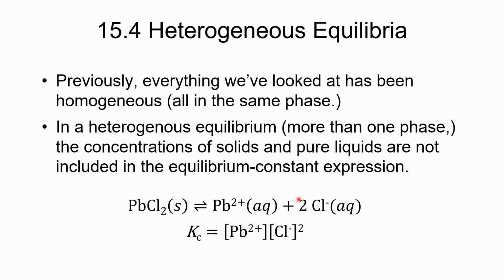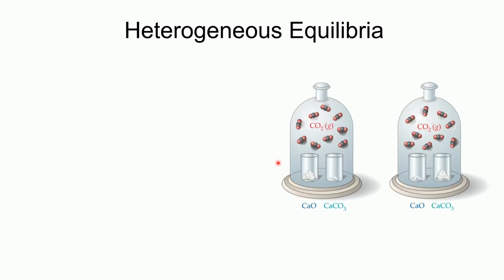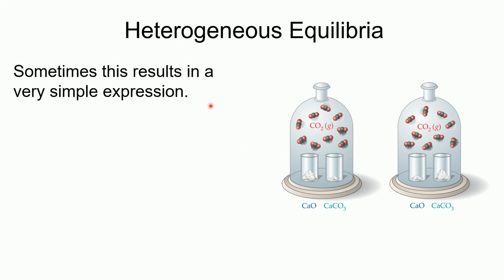In a similar fashion, we could look at this particular problem, where sometimes we end up with a very simple equation. Here we've got calcium carbonate in equilibrium with calcium oxide plus carbon dioxide.